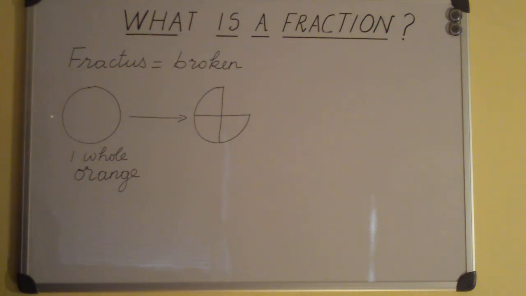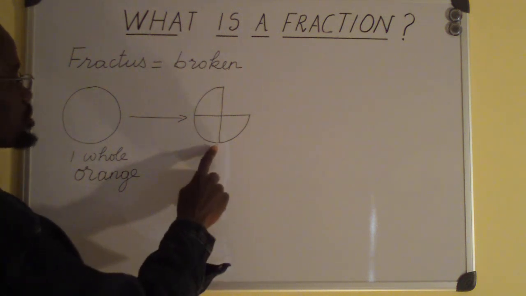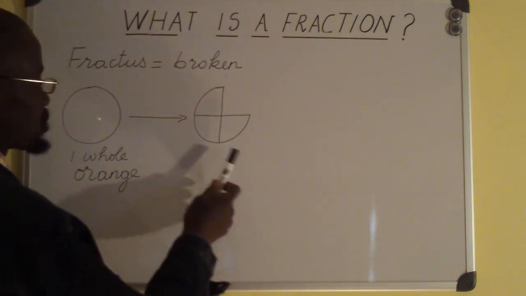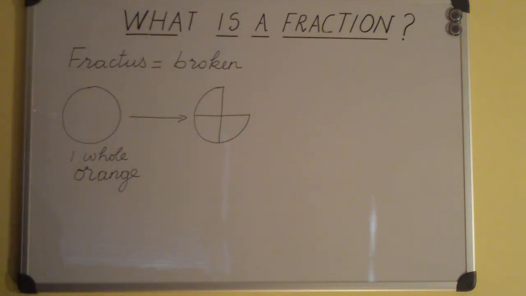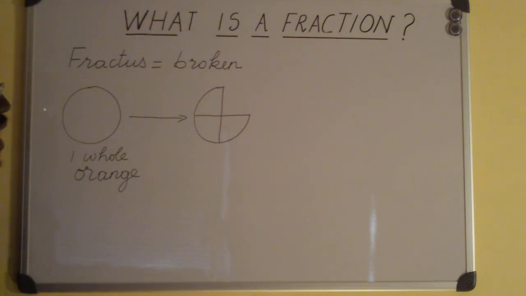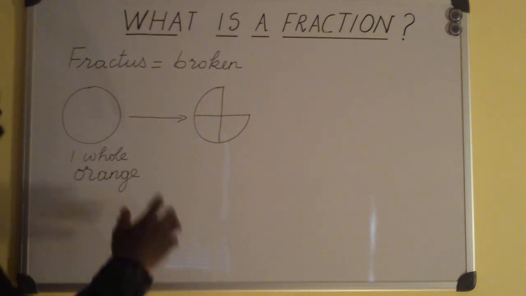So therefore the question is, how am I going to represent the quantity here? I cannot say that this quantity is 1 orange because it is not a whole orange. Nor can I say that it is 2 oranges because it is not 2 oranges. Now, how am I going to represent this quantity here?